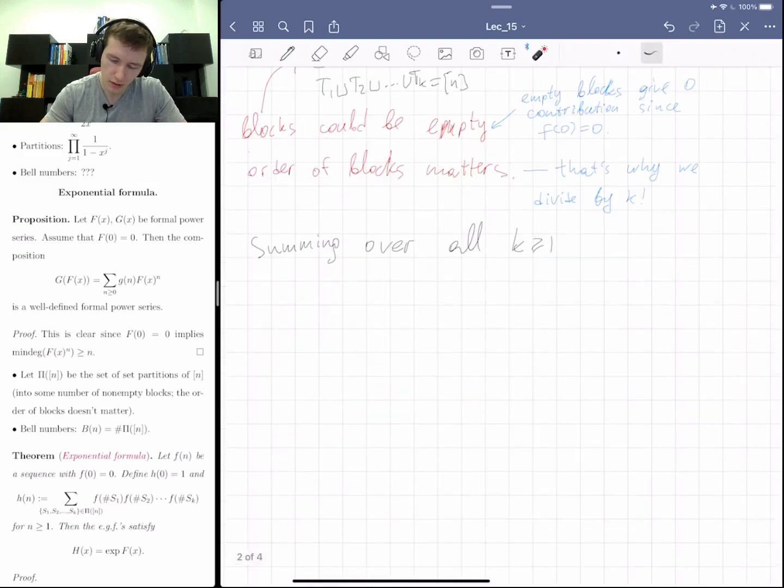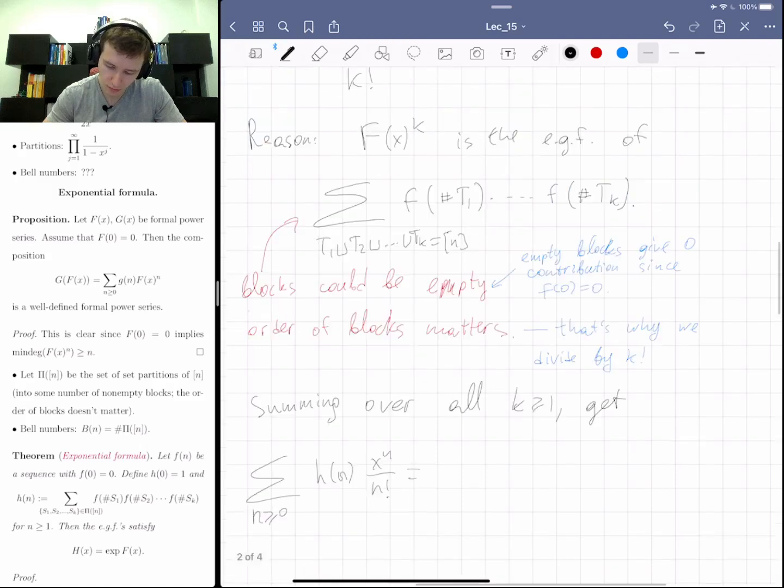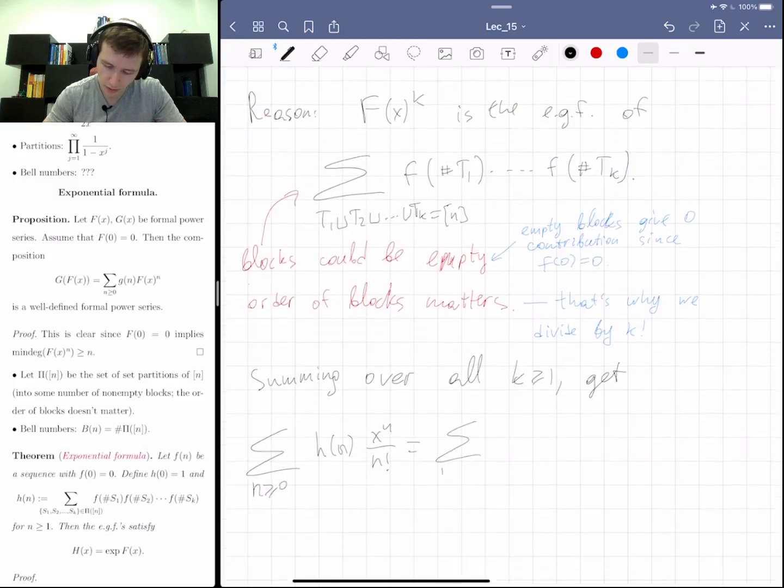So you get that the exponential generating function, the sum of h of n x to the n over n factorial, is equal to the sum over n greater than or equal to 0 of f of x to the n over n factorial, which is by definition the composition of the exponential function and f of x.